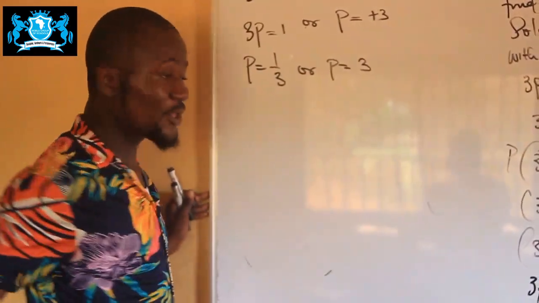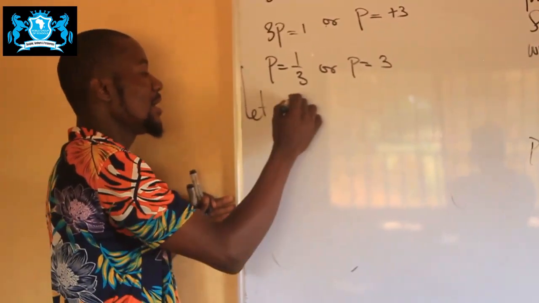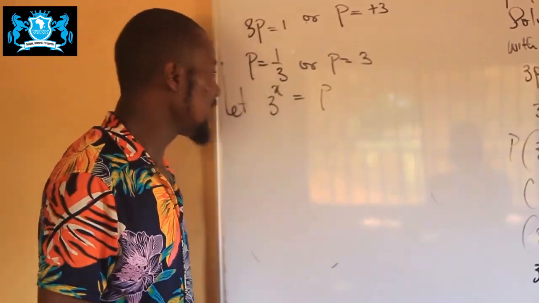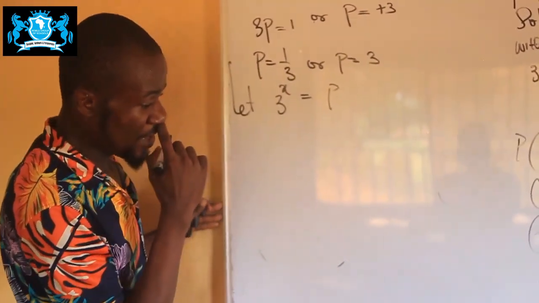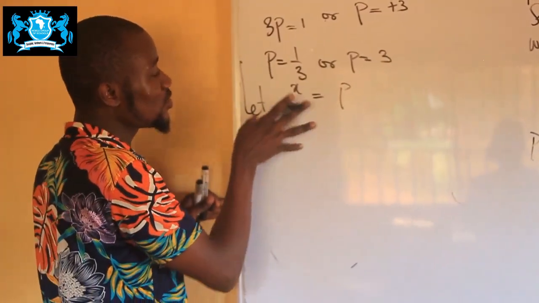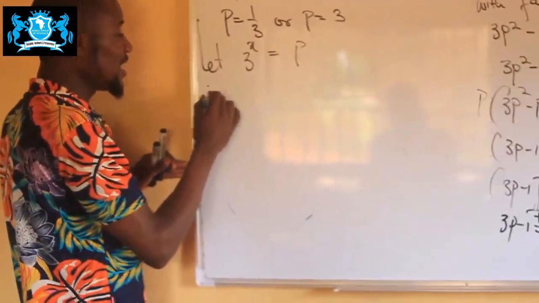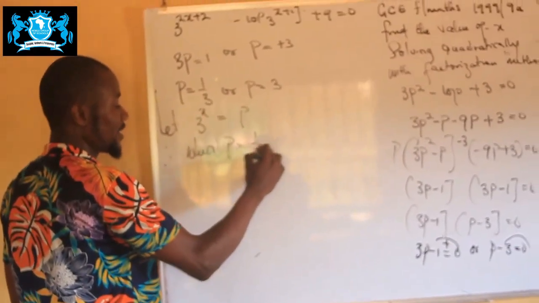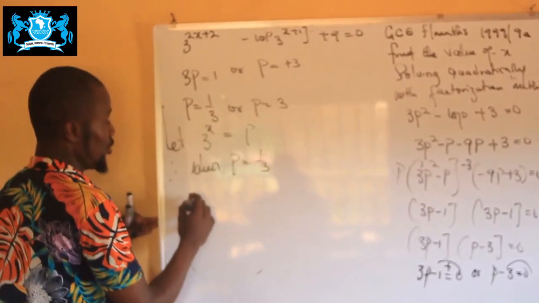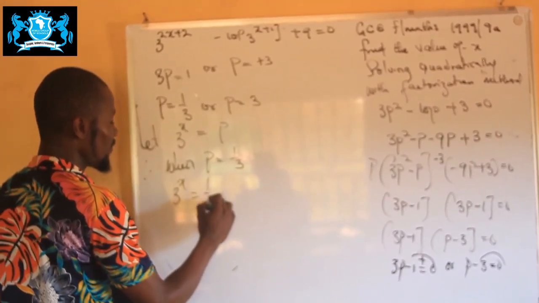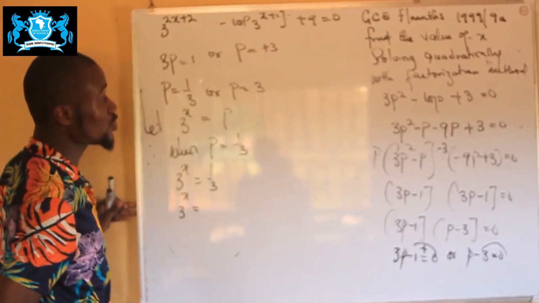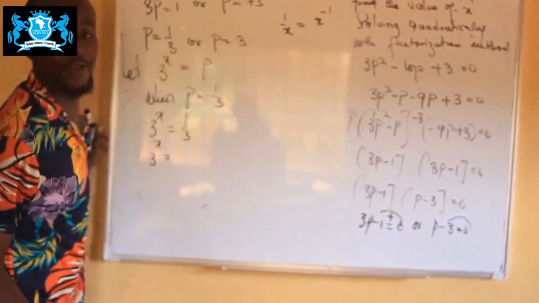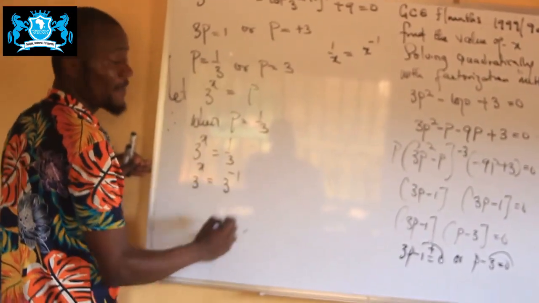This is not the final answer because we said let 3 raised to the power x be equal to p. Now you start breaking it down. When p is equal to 1 over 3, what will be the value of x? 3 raised to the power x is equal to 1 over 3, and where you have 1 over 3 in indices, it becomes 3 raised to the power minus 1.